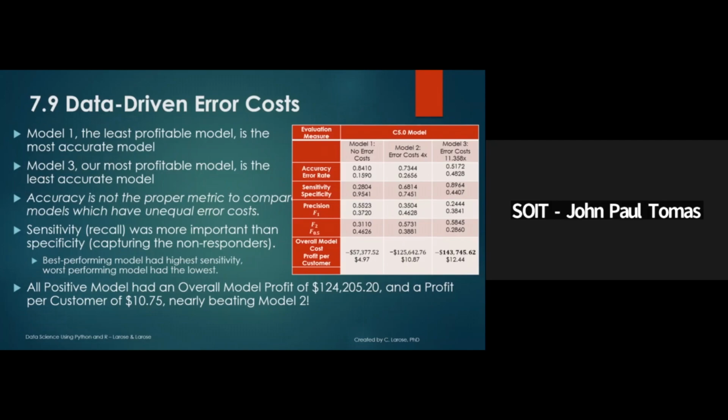And also there's an illustration of how data-driven costs can be further enhanced in terms of profitability. And of course, after we have classified and evaluated our models, we will have an overall picture of what model to use for this problem. Okay.